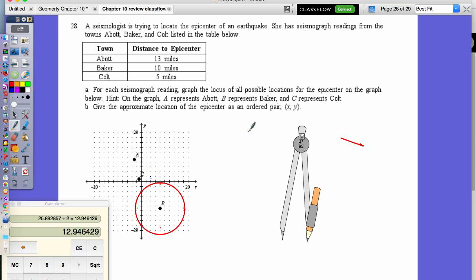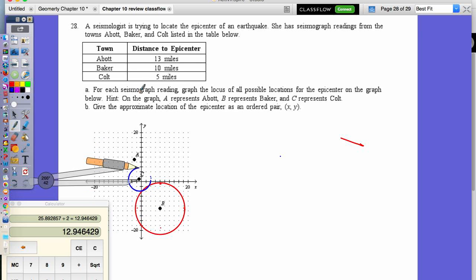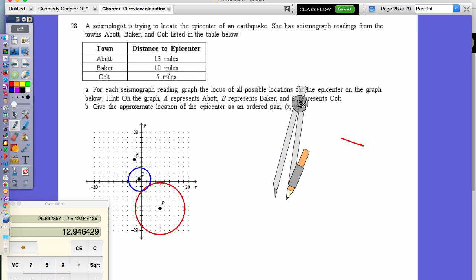Once again, we're going to take the compass, put it there, put the tip of the pencil there, and draw it around. You can start to see that if the center of the earthquake was 10 miles from Baker and 5 miles from Colt, it looks like it was right here.